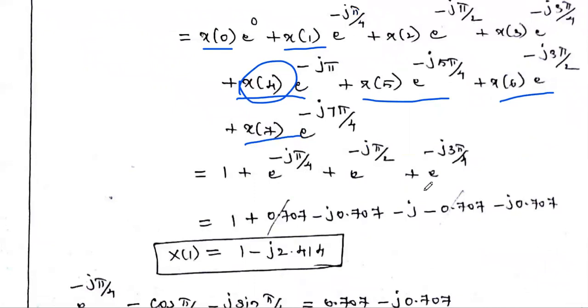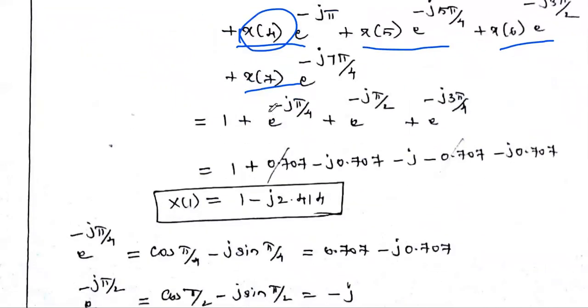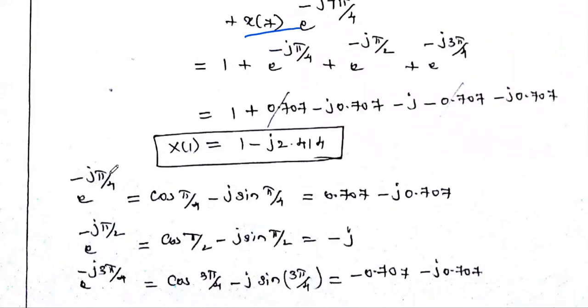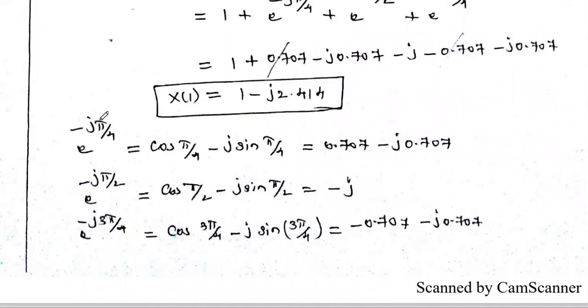Next, we calculate the e power minus j pi by 4 value, e power minus j pi by 2 value, and e power minus j 3 pi by 4 value separately, and substitute them here. So e power minus j pi by 4. What is e power minus j theta?